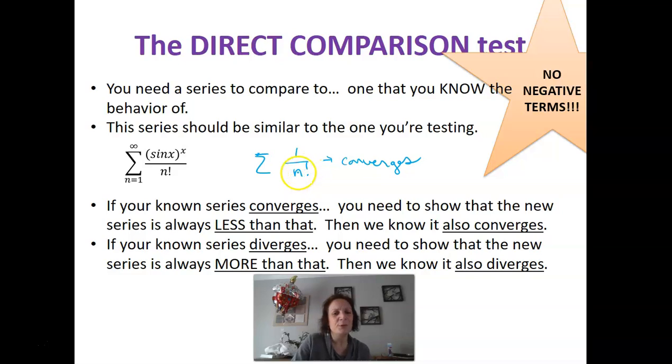So if I can just prove to you that these terms are smaller than these guys, then this must converge, right? If these terms are little enough to converge, if these are even smaller, it has to converge.